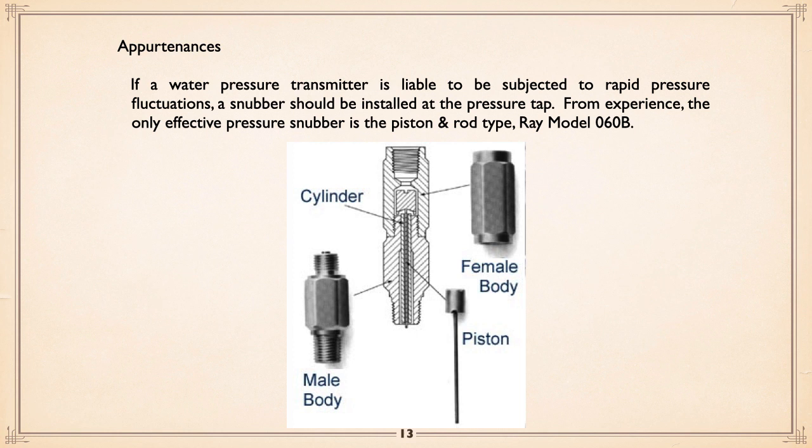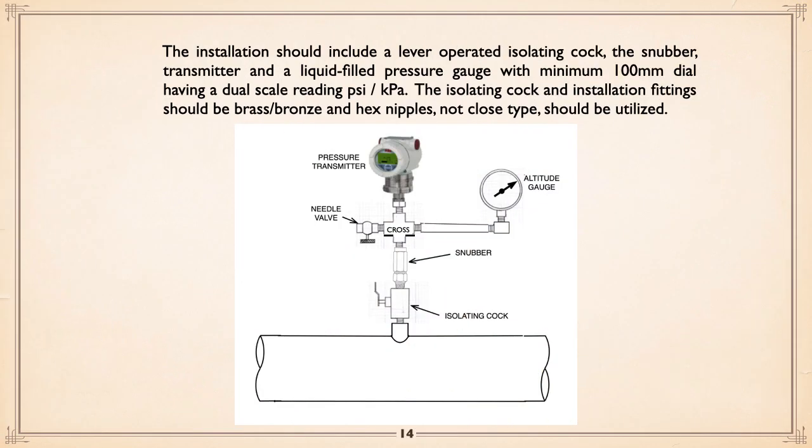But the basic one that I would recommend is the Ray model 060B, which is a half-inch connection and does work. And a way of putting this together is as I've shown here. You've got a tap with an isolating cock, then you've got the snubber, and then you've got a cross.